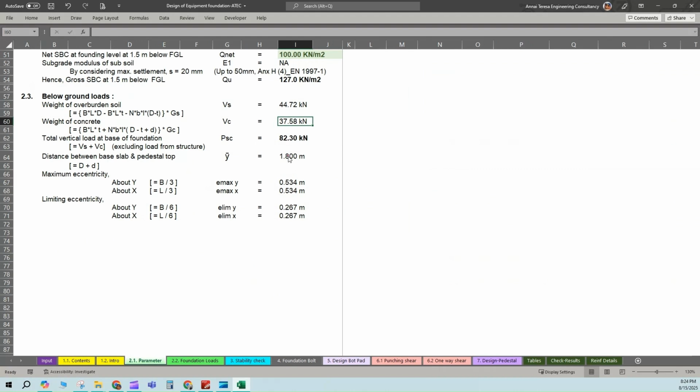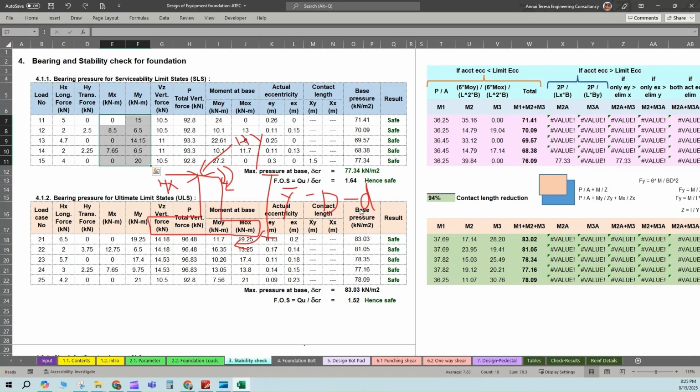So you can see this Y bar is our consideration now. This Y bar is 1.8. We need to multiply this Y bar with the horizontal force X in order to find the base moment. So that is what MOY and MOX are.